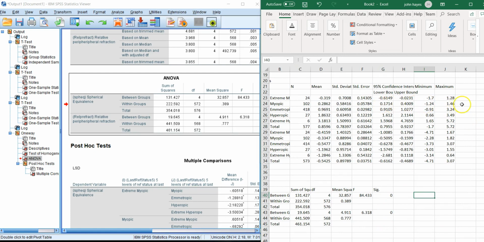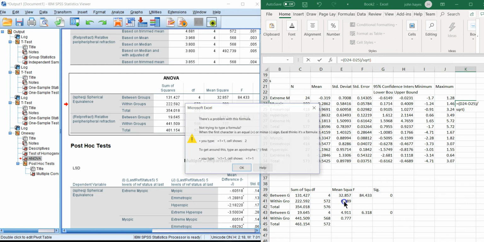So let us take our effect size, come over here, and say it equals the mean of the myope minus the mean of the emmetrope, divided by the square root of the mean square error.